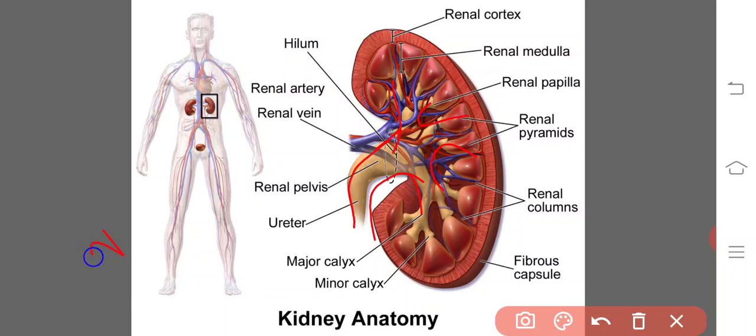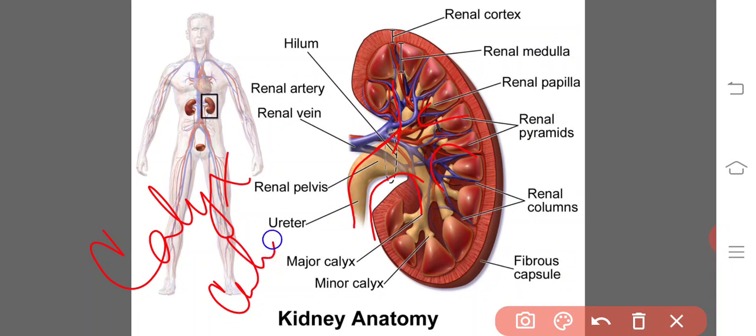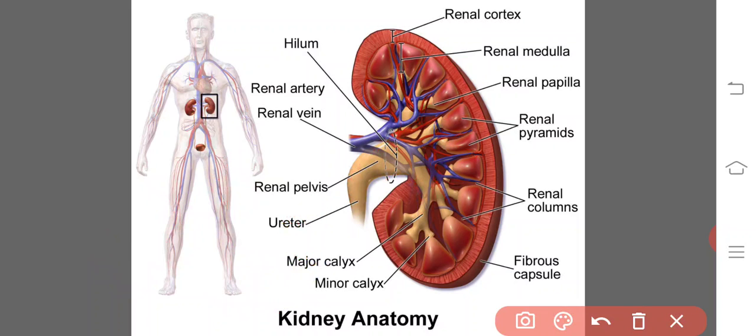Singularly it is called a calyx, plural calyces. This calyx, major or minor, joins with the renal pyramids at the end. At the junction of these two, we find the renal papilla.